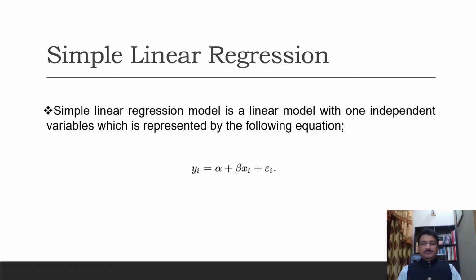Our basic objective is that we are not going into the details of the theory behind the simple linear regression model. We are not going to discuss the classical linear regression model, or how these betas are derived statistically or mathematically.